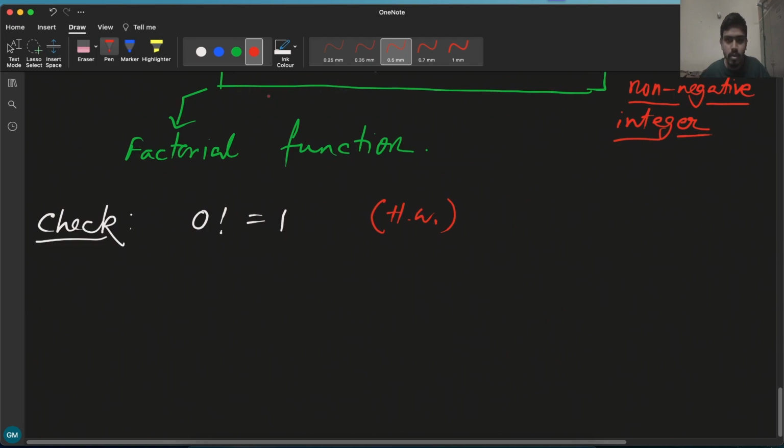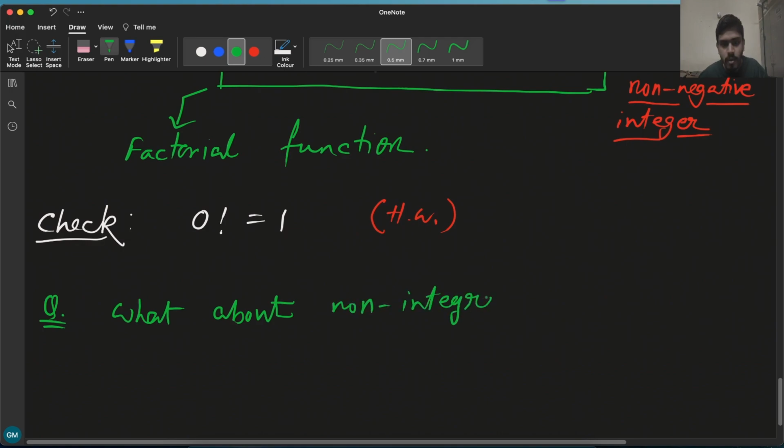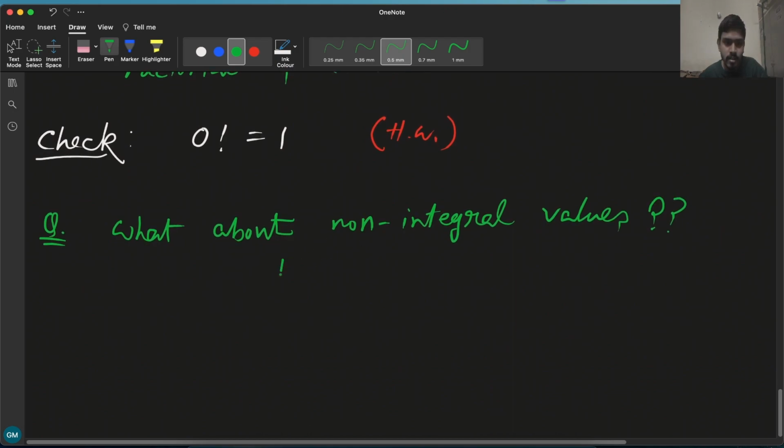So the question is basically, what about non-integral values? So the answer is gamma function.